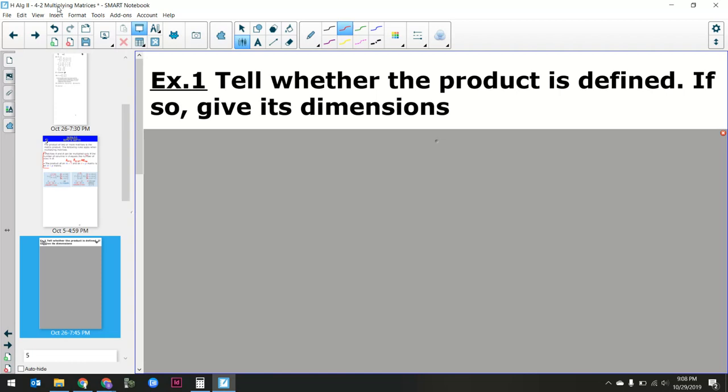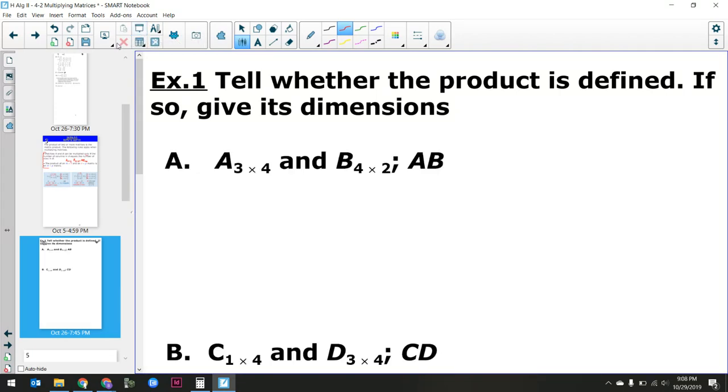So let's practice whether we can multiply or not. If we can possibly multiply. So a 3 by 4 times a 4 by 2. Good. This we can multiply together, right? This one works. Yay.